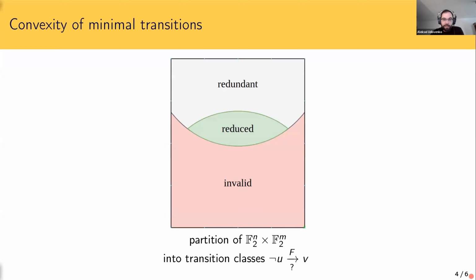And here is the key observation of our work. If you consider the full set of reduced transitions, that is pairs of input-output vectors of valid transitions with minimal outputs, we can show that this set is convex, meaning that it has two monotone bounds, the upper bound and the lower bound. This is explained by this ability to add or remove variables from monomials.